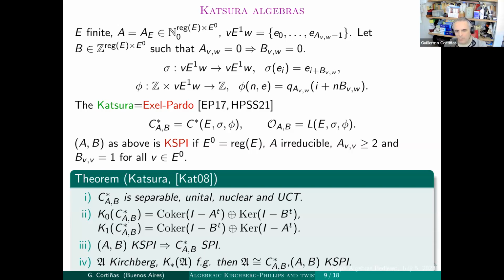Then I will have proven it. This class will contain as many algebras as the Kirchberg algebras whose K-theory is finitely generated. So it's a rather large class, an interesting class to try one's tools at.